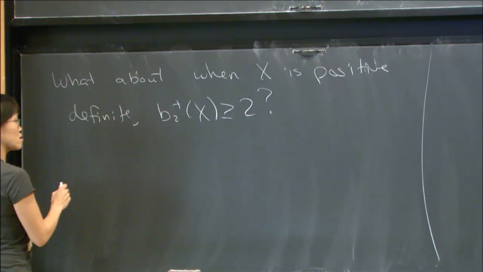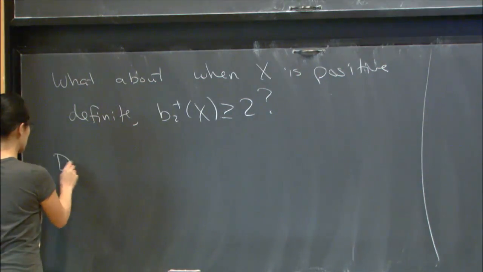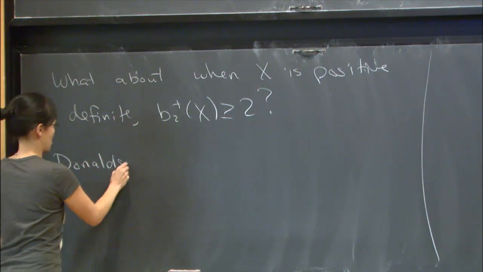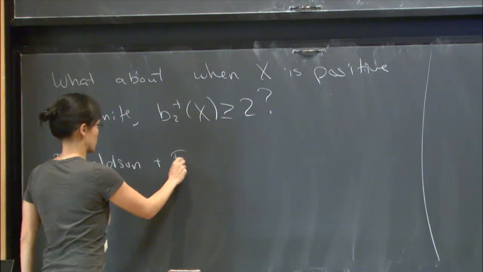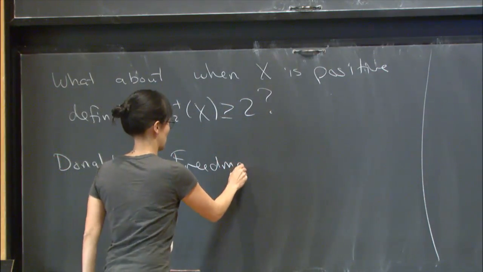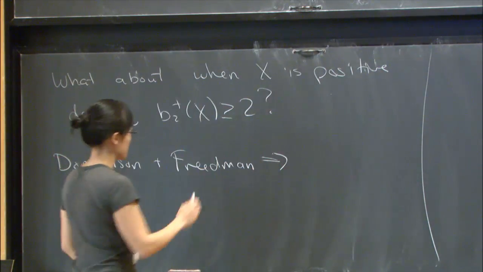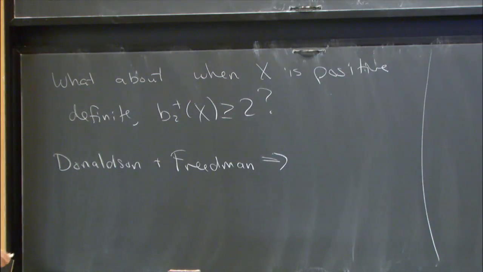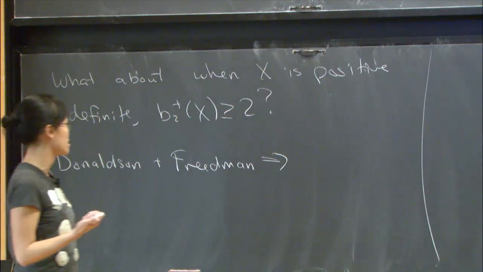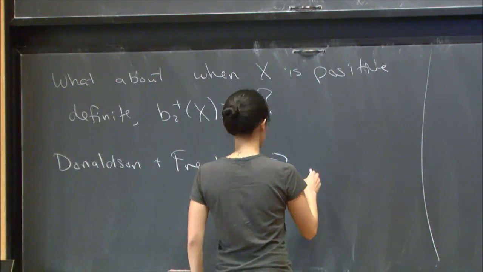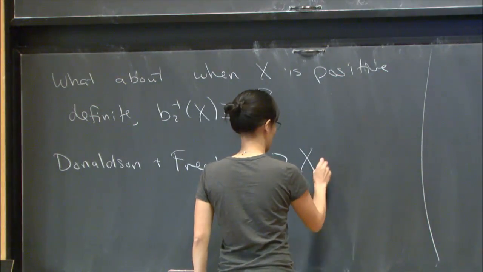Well, work of Donaldson combined with Freedman's result tells us that such a space X is homeomorphic to the connect sum of CP2s.